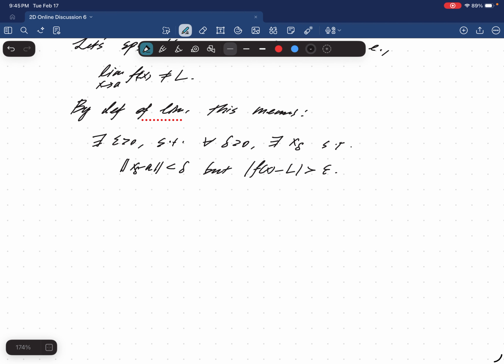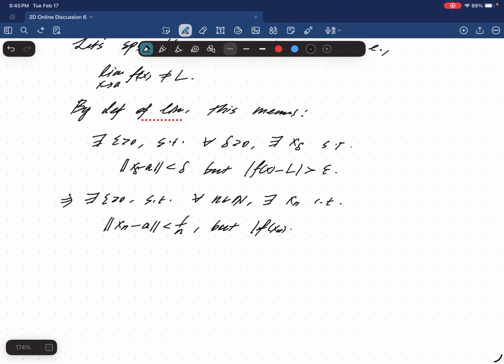So what does this mean? This means that there exists an epsilon larger than 0 such that for all natural numbers n, there exists an xn such that although the distance between xn and A is smaller than 1 over n, we still have, nonetheless, that the distance between f(xn) and L is bounded away from 0.